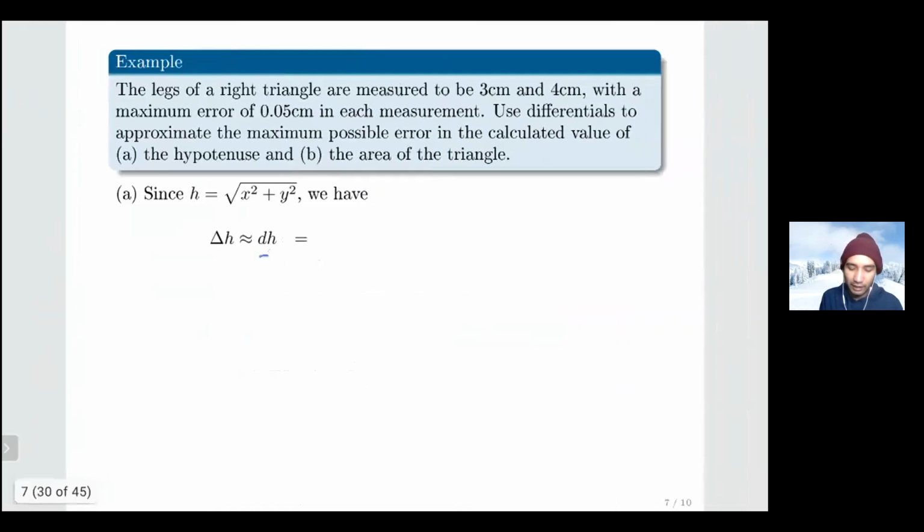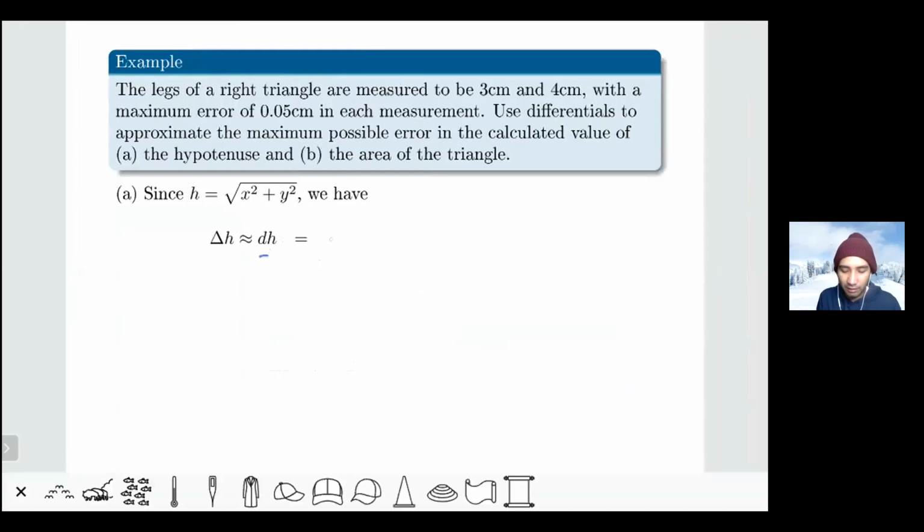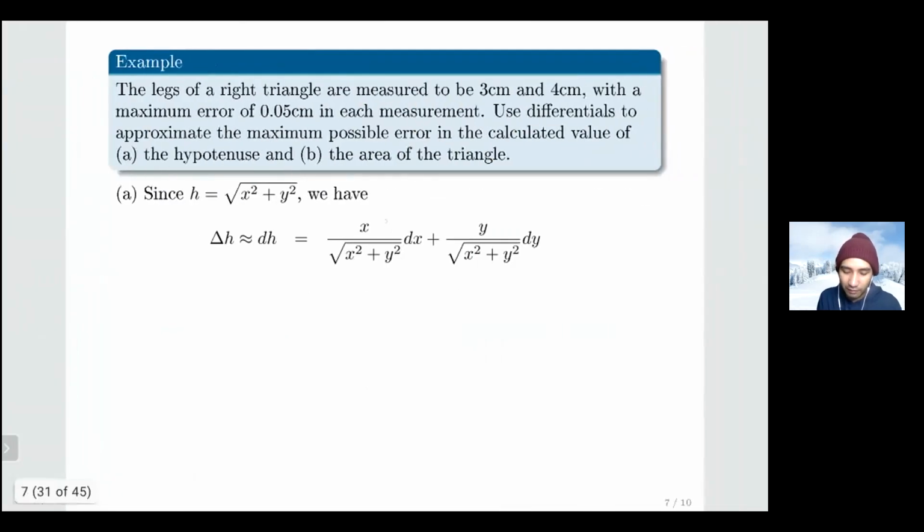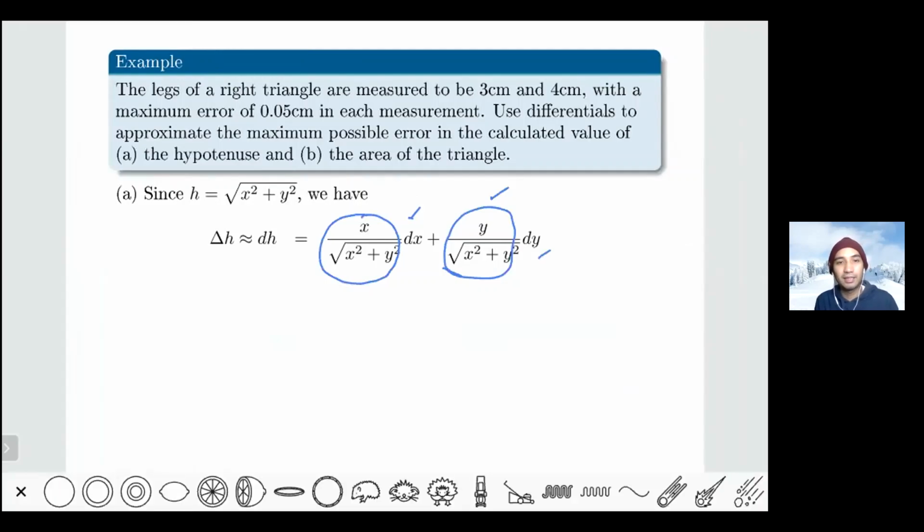So halimbawa yung DH, DH is equal to the partial derivative of H with respect to X times dx plus the partial derivative of H with respect to Y times dy. Okay? Exercise na lang na yan yung partial derivatives natin. Alright?